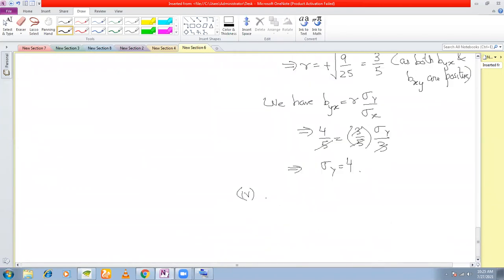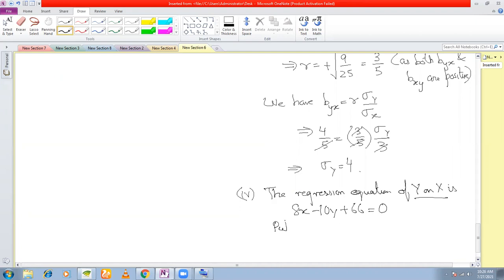So we have the regression equation of y on x is 8x minus 10y plus 66 equal to 0. Since we want to find out the value of y when x is given, that is why I am considering the regression equation of y on x.